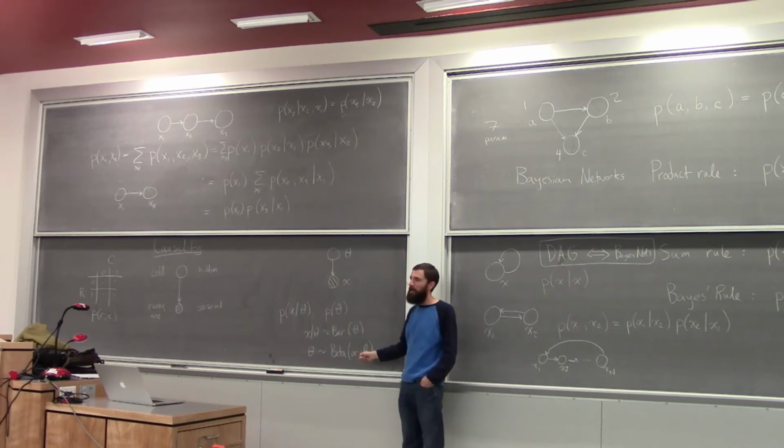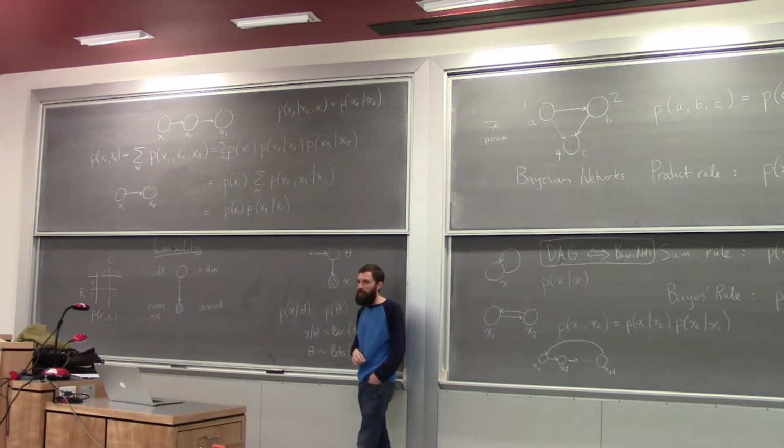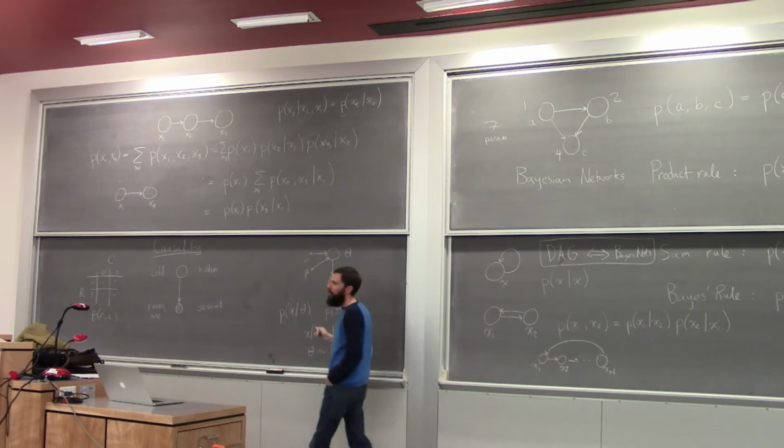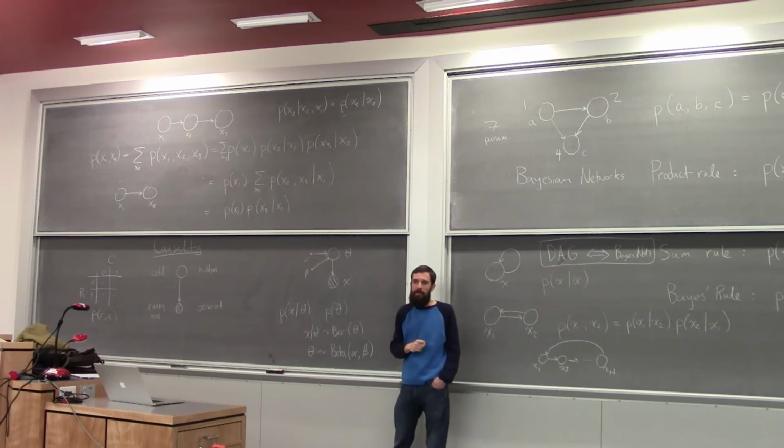You can put these parameters into your graphical model also. They basically look like a dot. So that's a parameter. You can do alpha and beta together, or if you want to get complicated, make it two dots. Alpha and beta are parameters to the distribution of theta there.